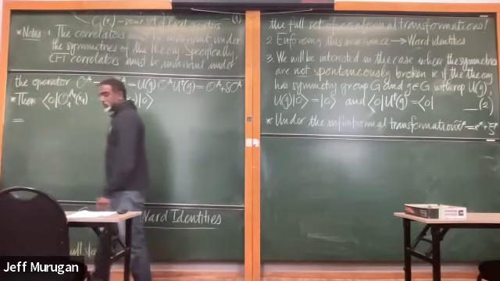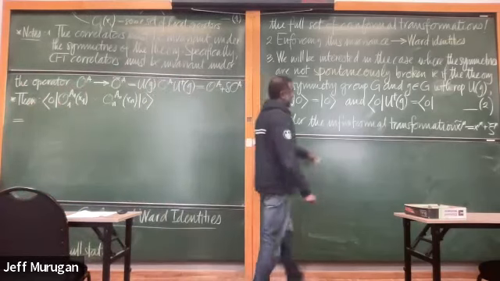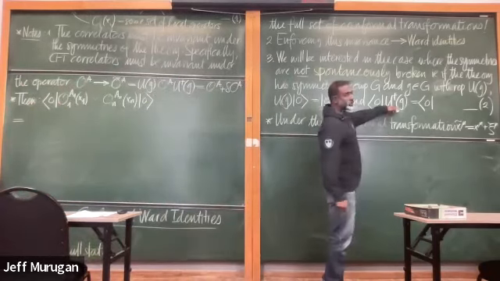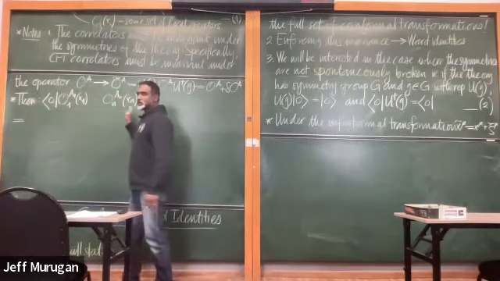So what I do is I can use the fact that these U's are unitary and write down the identity everywhere in between here.